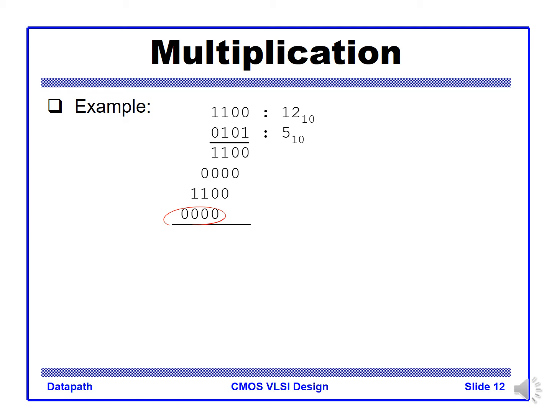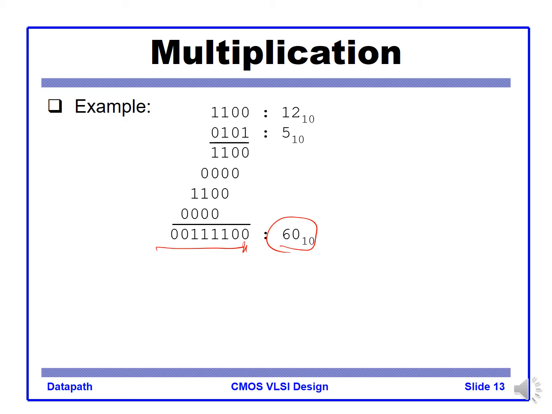Now, to complete the multiplication, we have to add all those 4 partial products. In this kind of addition, it is better to use the CSA structure, the carry save adder structure. The final addition value will be 60.